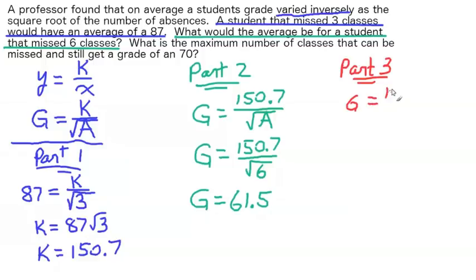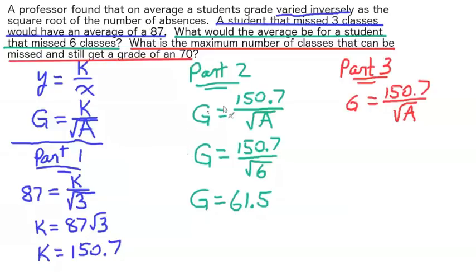So we get G equals 150.7 over the square root of A. Alright, so for this part, we have here what is the maximum number of classes that can be missed and still get a grade of a 70. So the grade, what we're looking for is a 70, so that goes into the G. This stays the same, 150.7 over the square root of A.